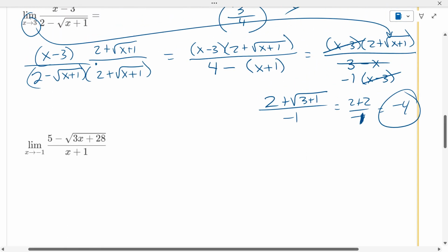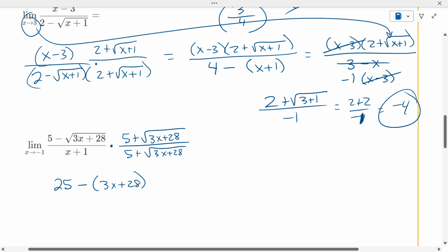Do it one more time, because we got better on that one. Last one of these. So we'll multiply top and bottom by 5 plus the square root of 3x plus 28. So my numerator will be 25 minus 3x plus 28.